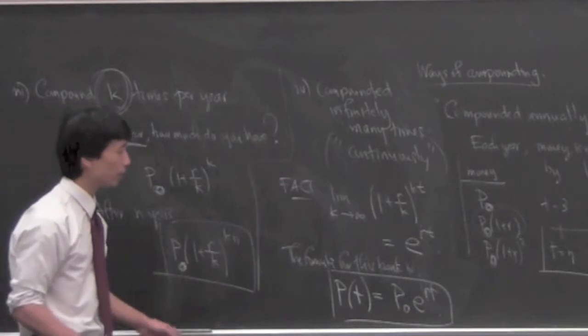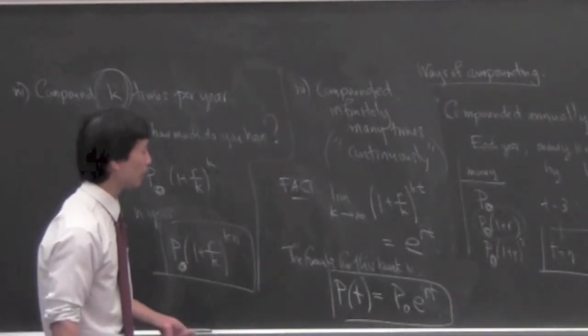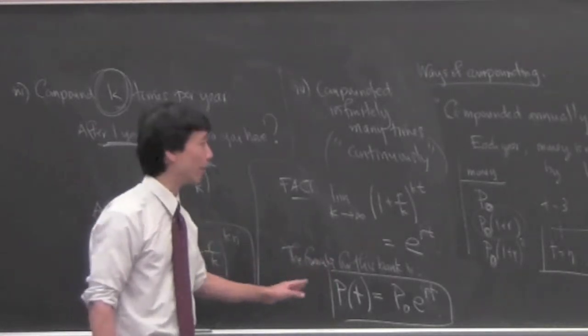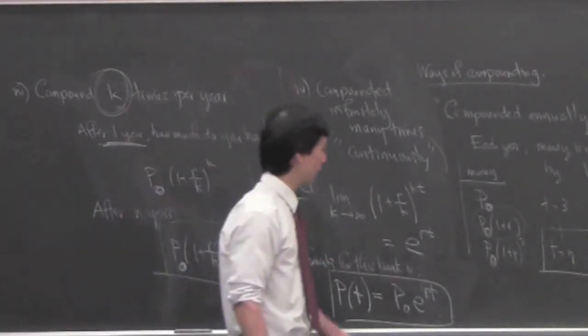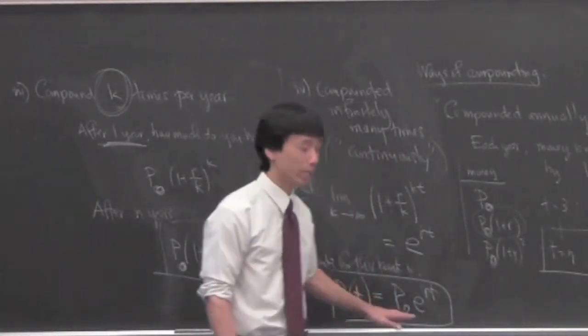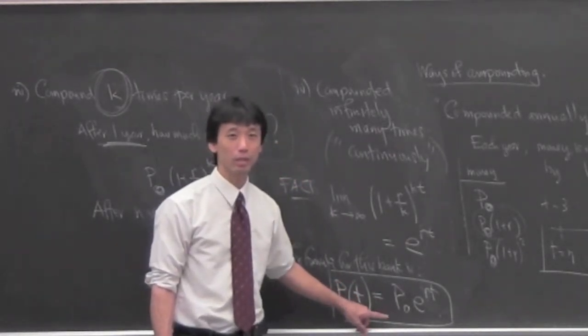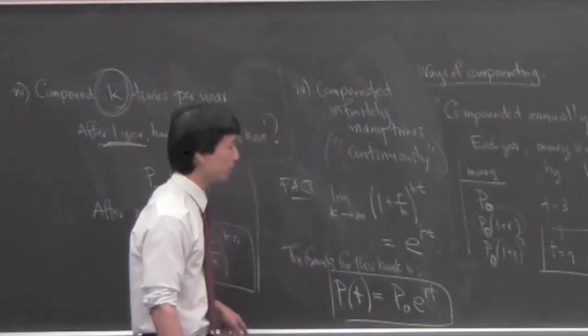So these are the formulas for how money grows in a bank. And this last one is the real one, the one that banks actually use.